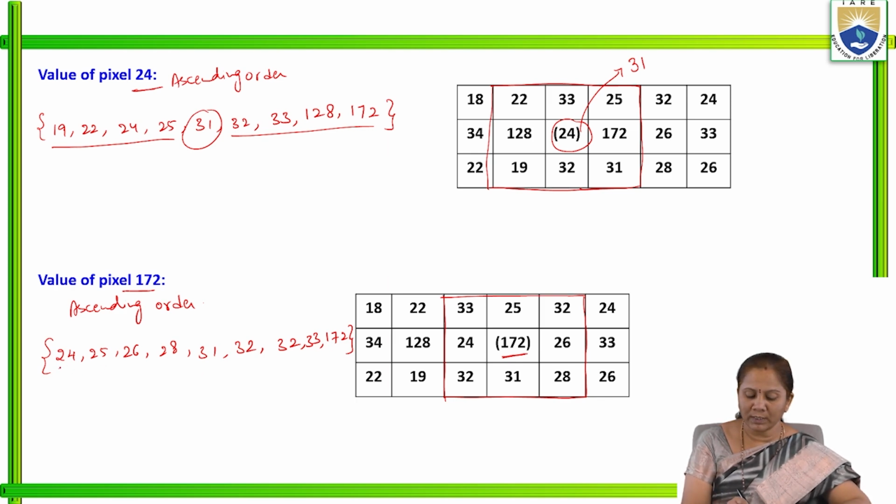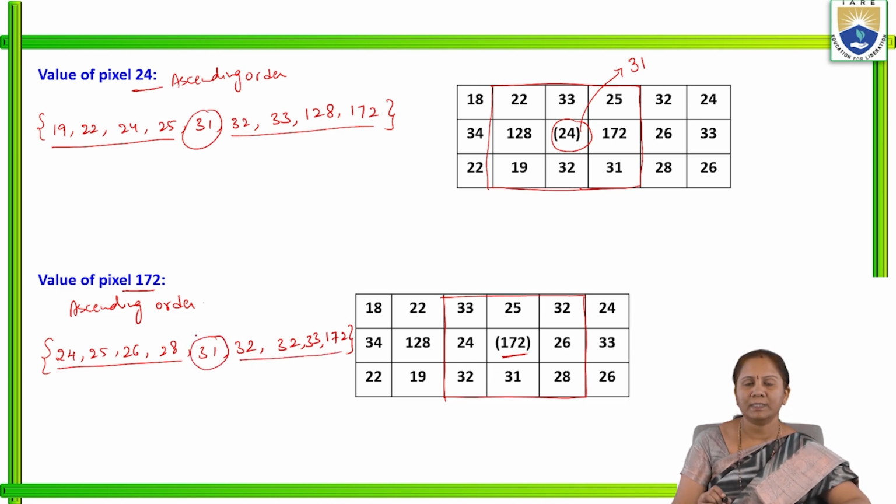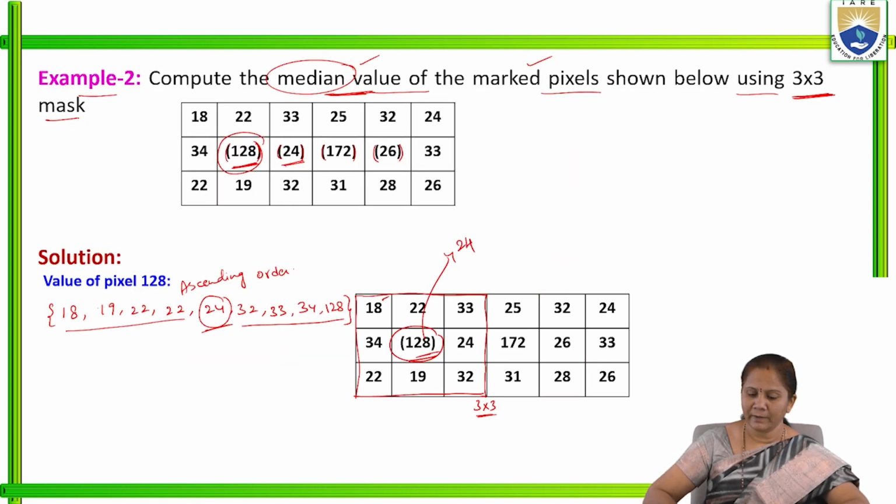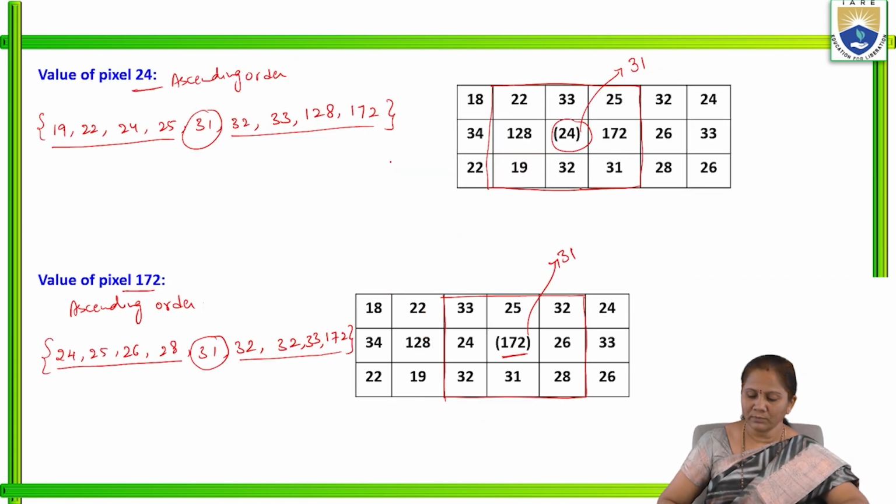See which one is the middle one: 1, 2, 3, 4, and here the 31 pixel value is the center pixel. So this 172, the marked pixel, will be replaced with 31. Similarly, the next marked pixel is 26 in the question. We can see here the next pixel value is 26.